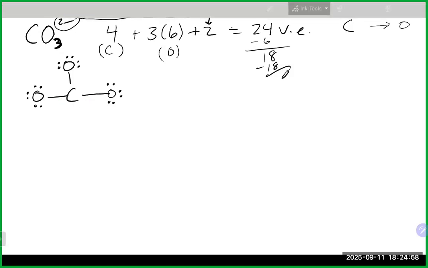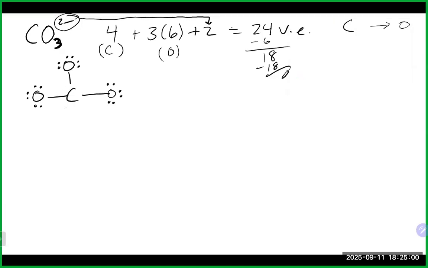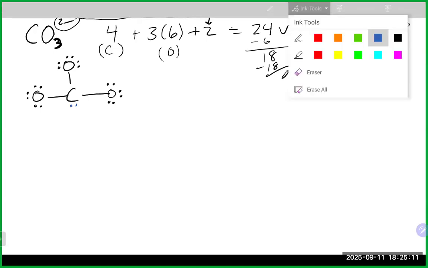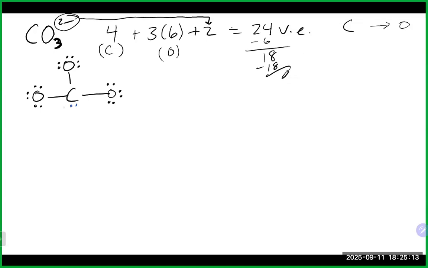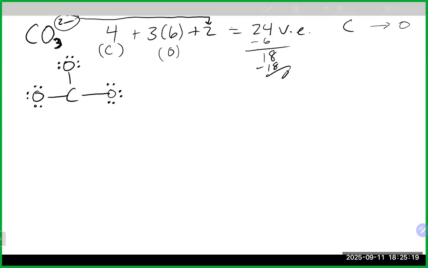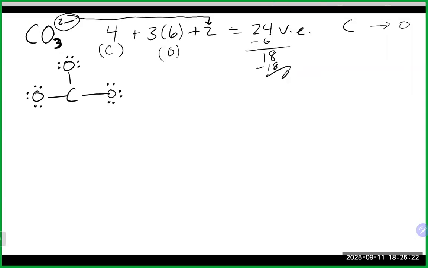Can I fix it by just dropping in a couple of electrons there? That is not okay, because now I will have 26 electrons, which is too many. So you can't just put in some extra electrons, although it may make the picture look nicer. In this case, we're going to try to fix it by making a double bond.